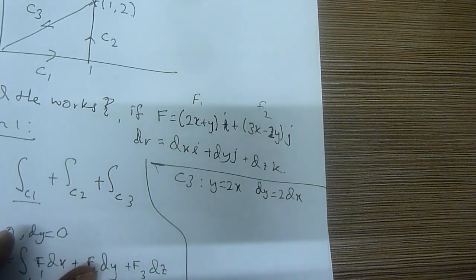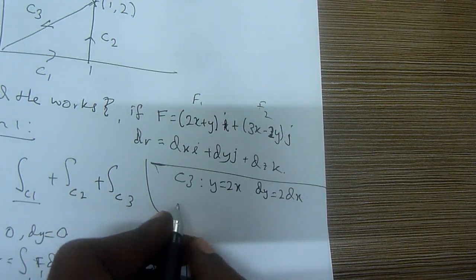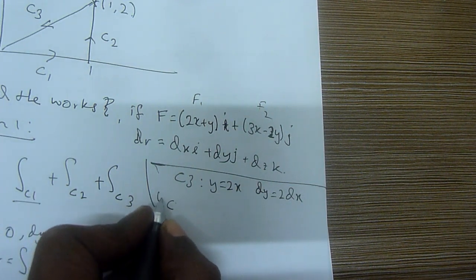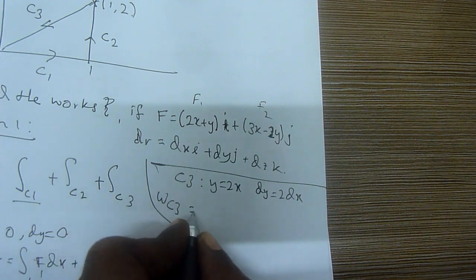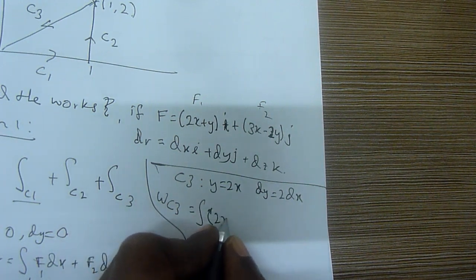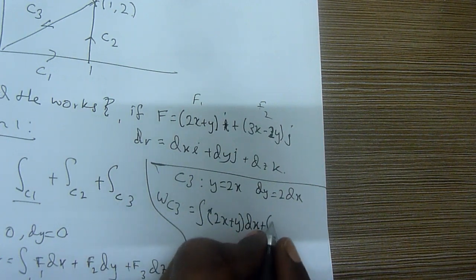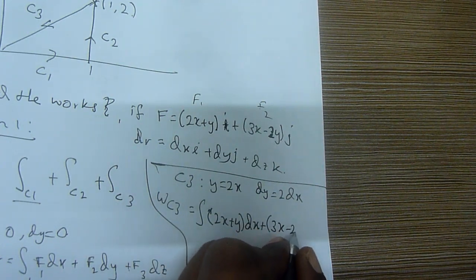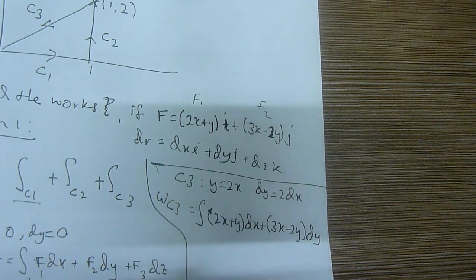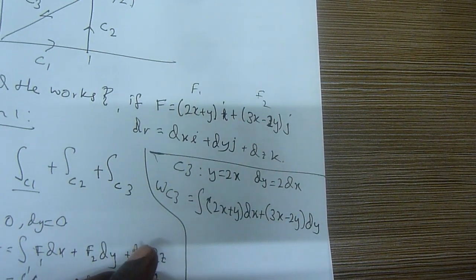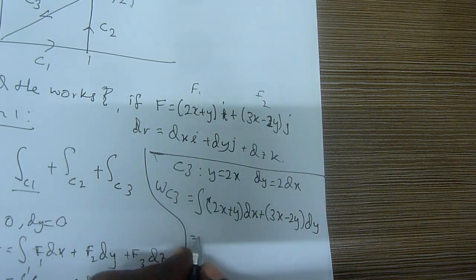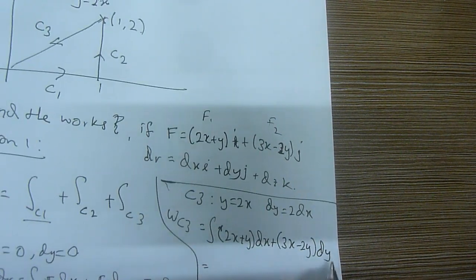Now the work for C3 equals the integral of (2x plus y) dx plus (3x minus 2y) dy. We need to substitute. This is a lengthy one, of course. We want to base on x or y, it's up to you again.